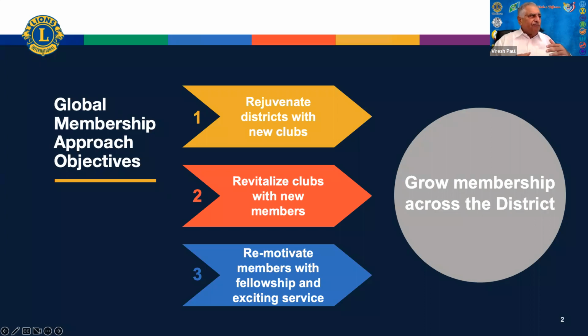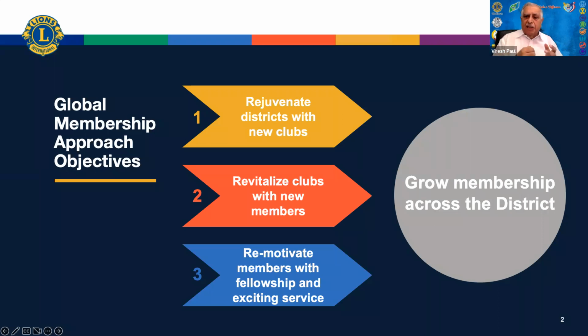You can see the three parts on your screen. Number 3 at the bottom is remotivate members with fellowship and exciting services. We ran a webinar 2 months ago on how to motivate members. That was part 1. Today, we are on the second part, which is revitalize clubs with new members.